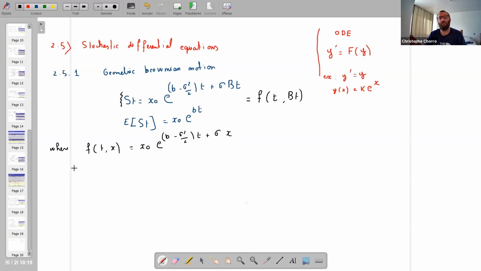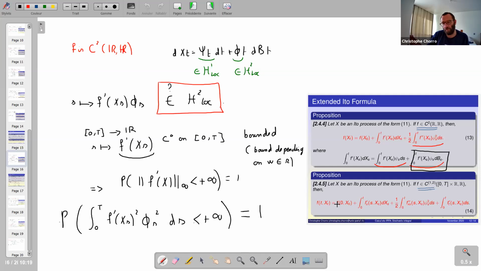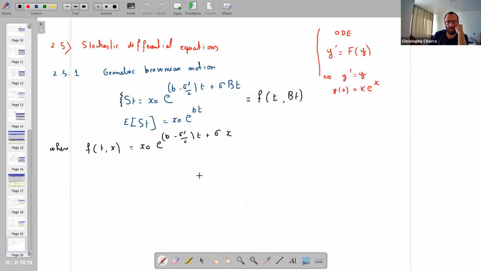What is natural to do when I have such an expression is to say: I have seen the Ito formula for a generalized Ito process. The Ito process here will be the Brownian motion. So I can apply this formula, the one with time dependency, to the Ito process given by the Brownian motion and to the mapping f defined this way.